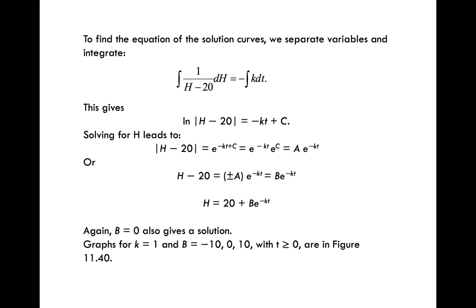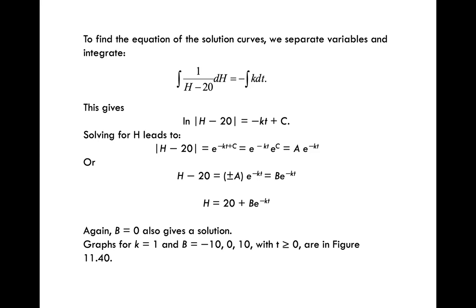Now, if you solve for h, then you get h minus 20 is e raised to the negative kt plus c. And just as in the very first example, we simplify the exponential equation by splitting that up into the product of two terms. So we get e to the negative kt times e to the c.